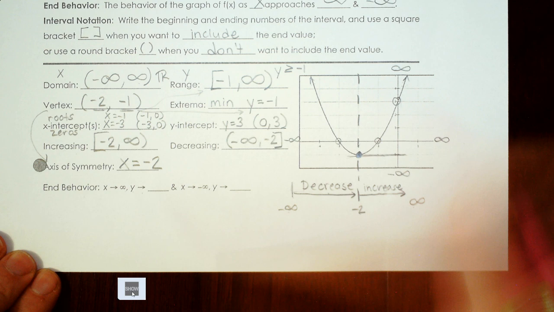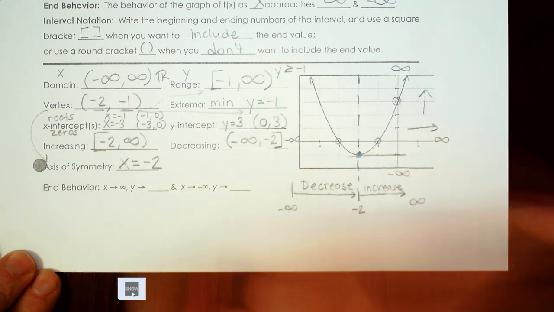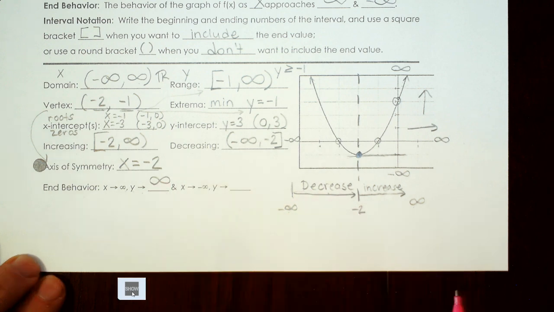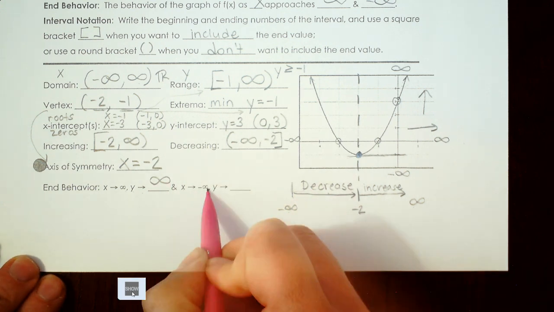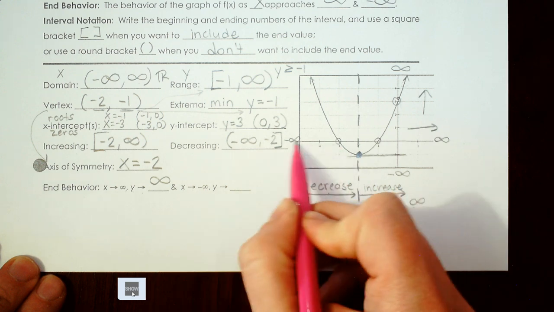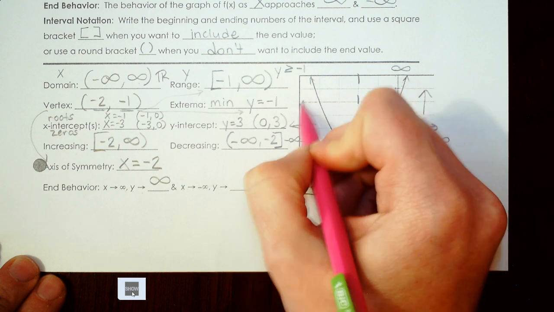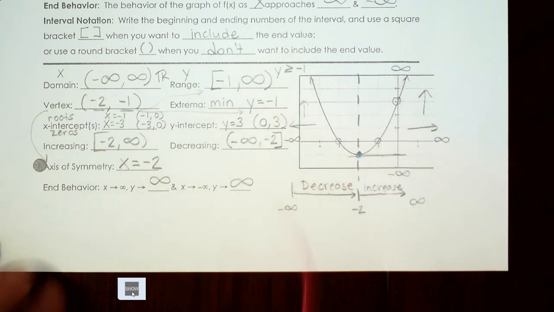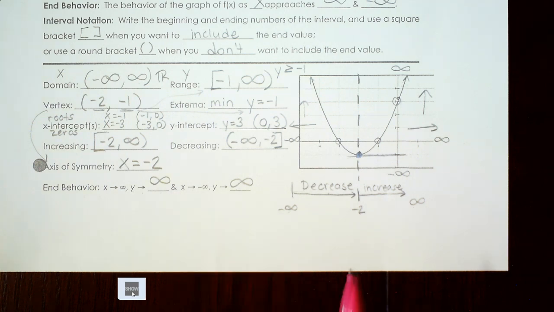Y approaches, as we go this way, your graph is going up to positive infinity. As x approaches negative infinity, so as x goes towards the negative infinity side, what's our graph doing? As we go this way, our graph is still going up to positive infinity. On a quadratic, these will always match. All right, let's do another example.